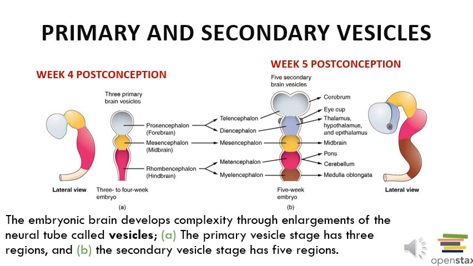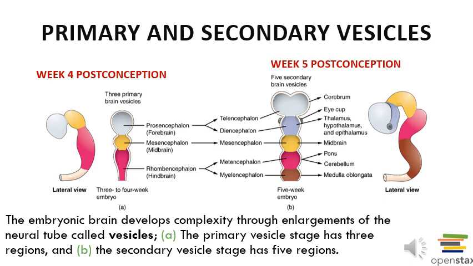So I see one vesicle labeled as a prosencephalon, also known as the forebrain. I see a second section illustrated in yellow labeled as the mesencephalon, and I see a more posterior region in red labeled as the rhombencephalon.